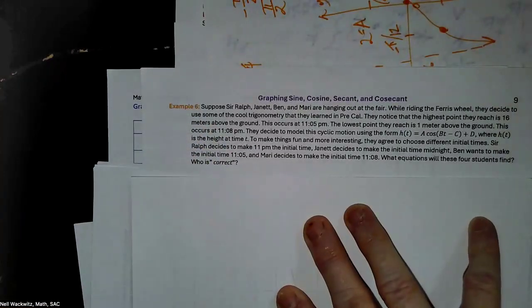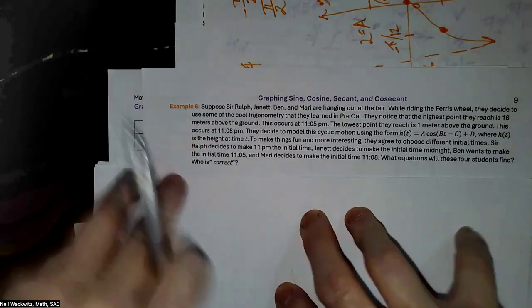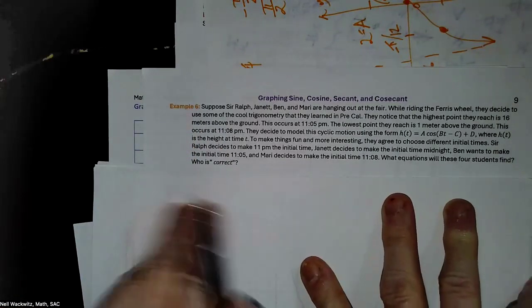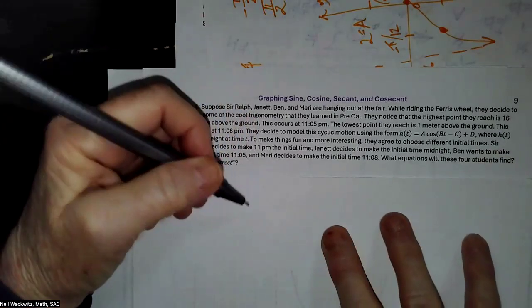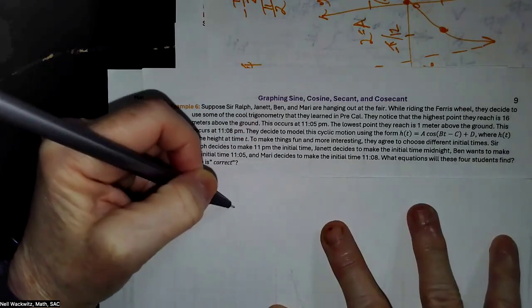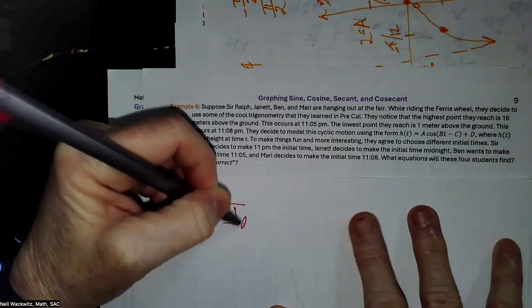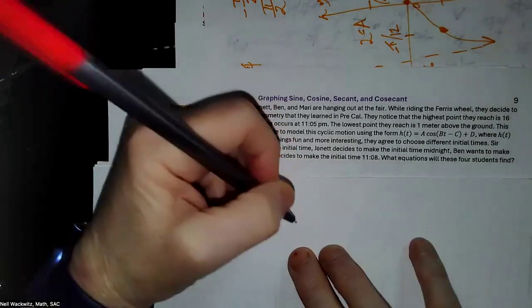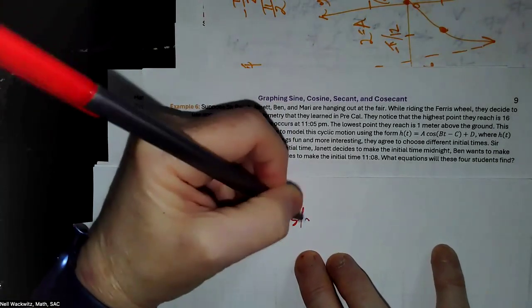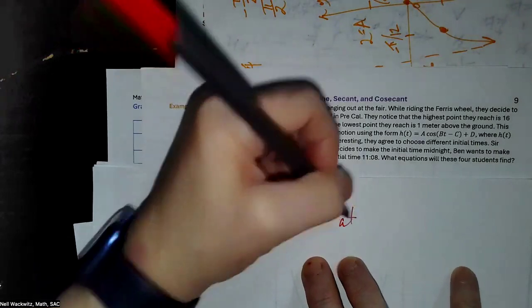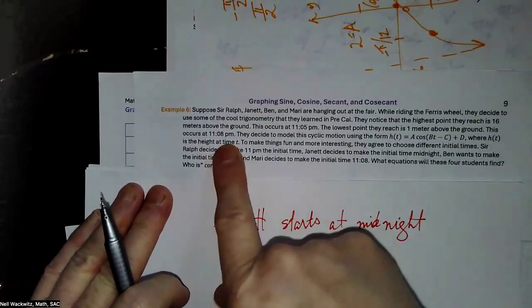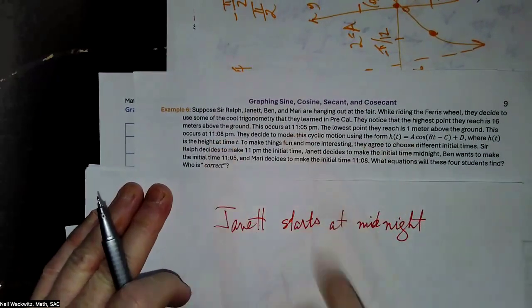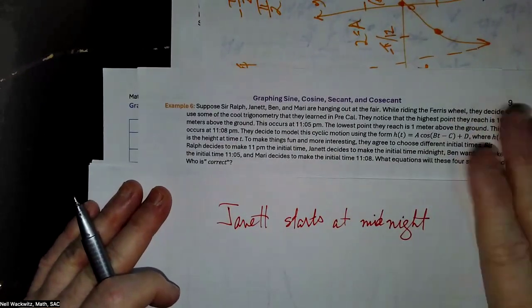So let's look at Jeanette. Jeanette starts at midnight. It's 11 something, and she's starting at 12. We'll just say 12.